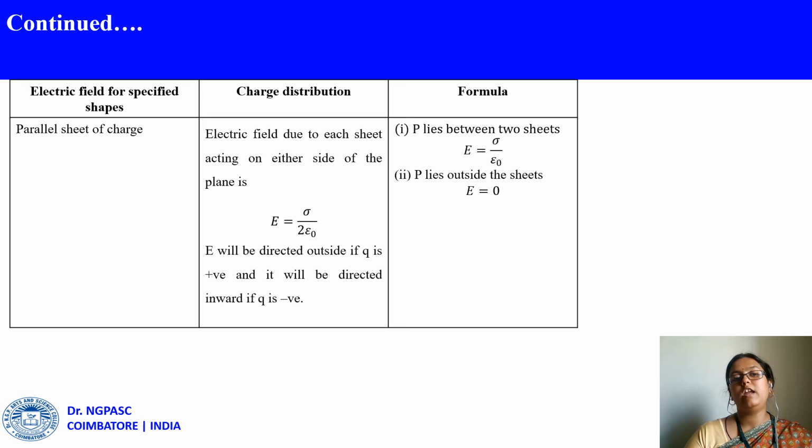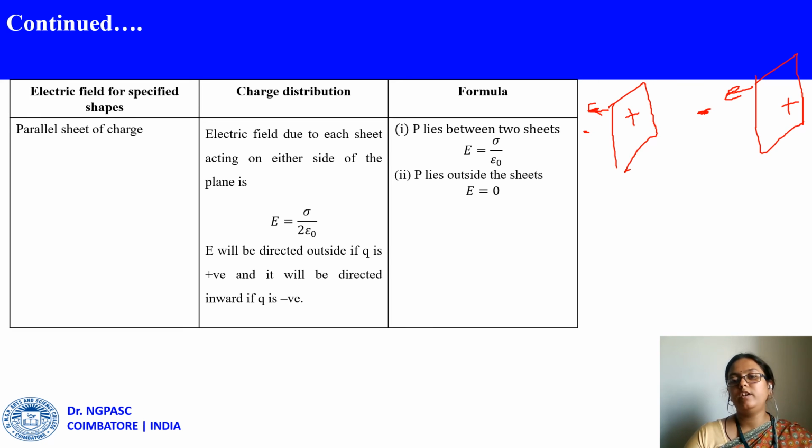And if we take two parallel sheets of charges, like this is one sheet and this is one sheet, then we can consider 2 points. One is in between the charges, one is outside the charges. If the sheets are having the same charge, that is if both are positive, then the electric field on this charge will be acting outward here, and here it will be acting outward in this direction.